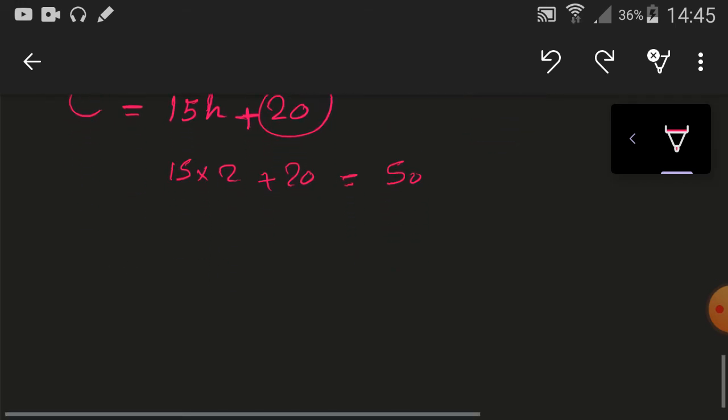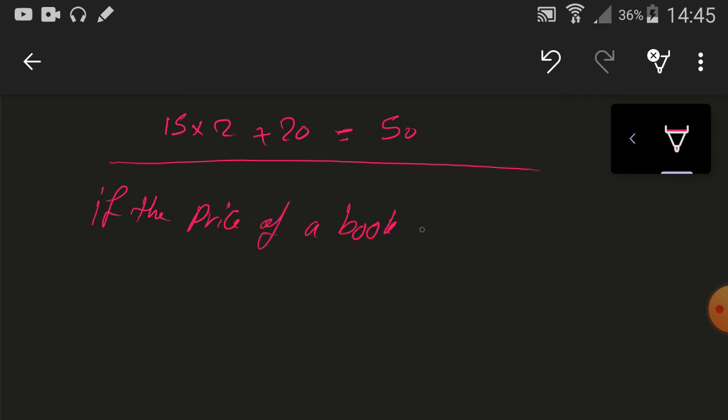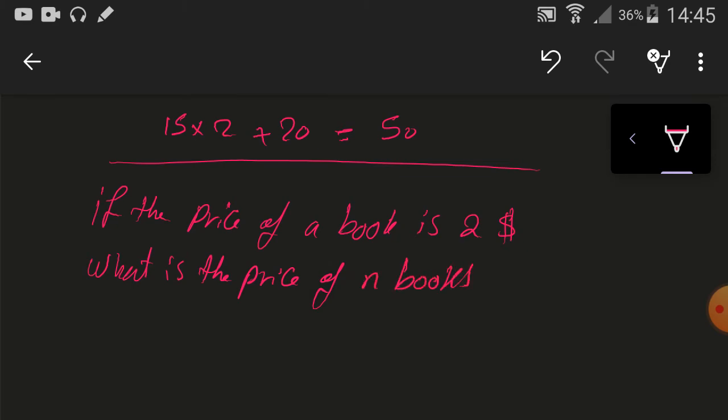Your question here: if the price of a book is $2, what is the price of n books, or what is the formula for n books?